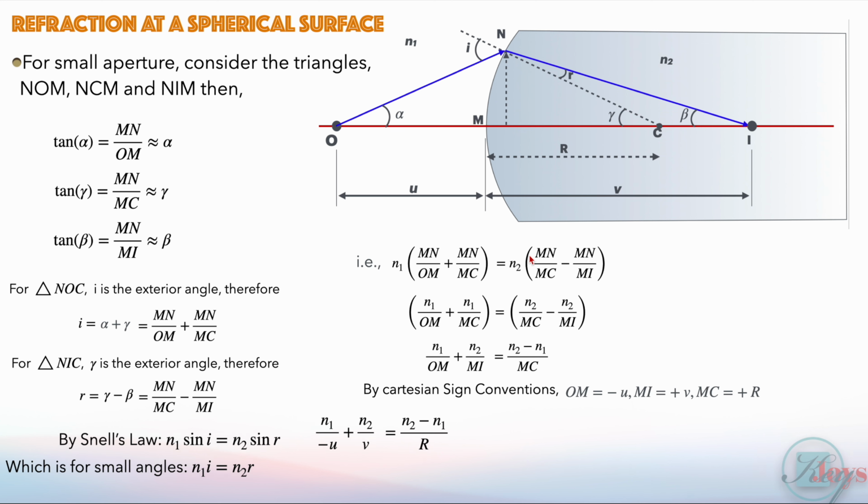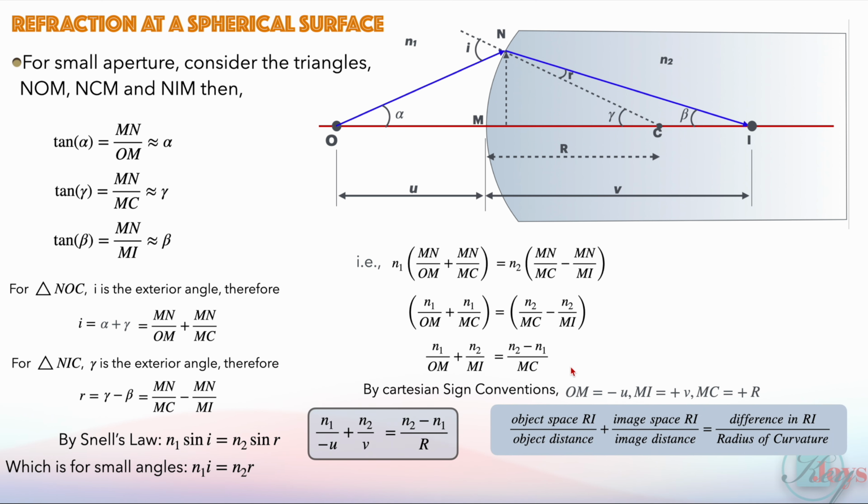Now how to remember this? What is N1? N1 is the outer medium's refractive index, where the object distance is also there. N2 is the denser medium's refractive index, where the image distance is there. So easily we can remember it as object space refractive index N1 divided by object distance U plus image space refractive index N2 divided by image distance V is equal to the difference in the refractive indices, that is N2 minus N1, divided by the radius of curvature.